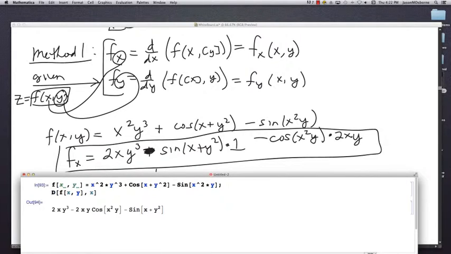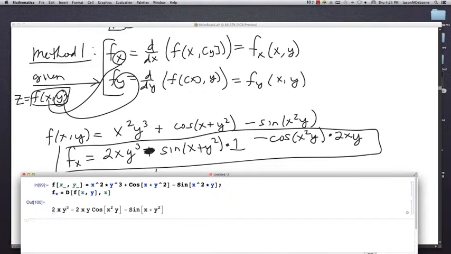So this is your answer for f sub x. Double equals, I wanted to print to the screen, true. So there is your derivative of f with respect to x.